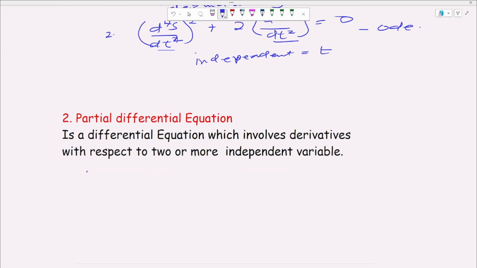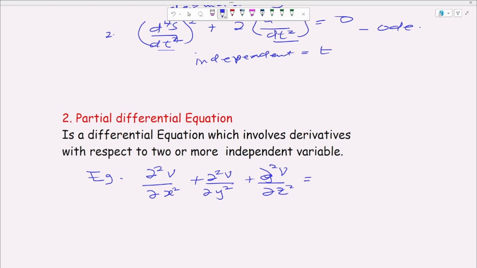An example I can give here, with the first one I gave, is partial squared v over partial x squared plus partial squared v over partial y squared plus partial squared v over partial z squared equal to 0.